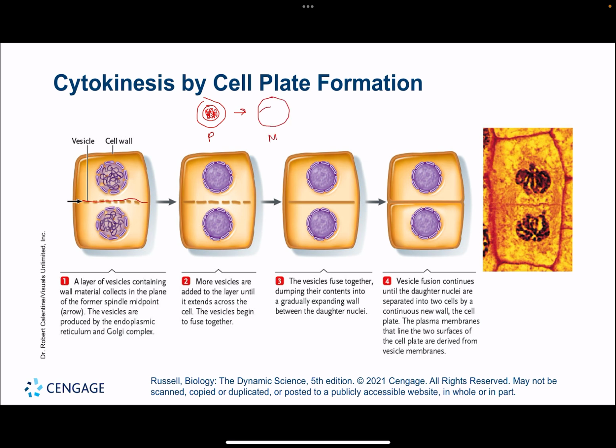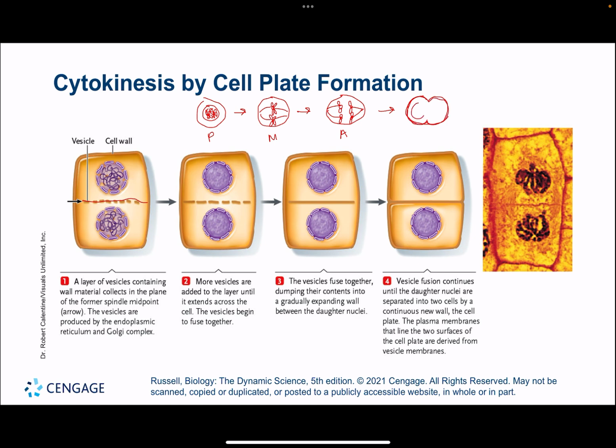At metaphase, our chromosomes will align at the metaphase plate, and mitotic spindle fibers will attach to the kinetochore located at the centromere, or at the center of our chromosomes. After metaphase, we have anaphase. At anaphase, the sister chromatids of each chromosome will be separated, or pulled towards the opposite poles. And then lastly, we have telophase.